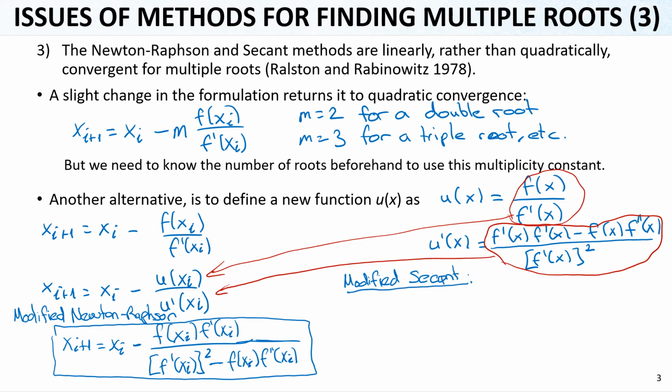And in that scenario, if you remember, our function was, first of all, xi+1 equals xi minus f(xi) times the backward difference approximation of the derivative, f(xi-1) minus f(xi).